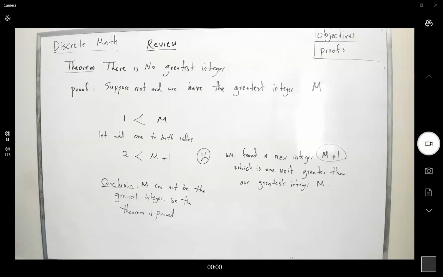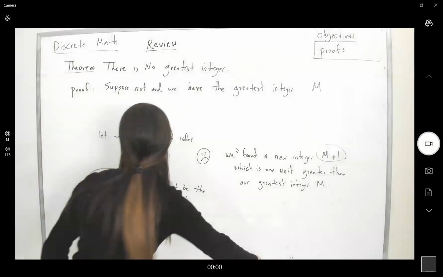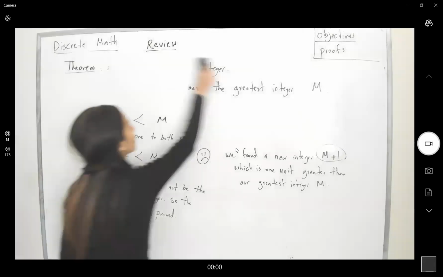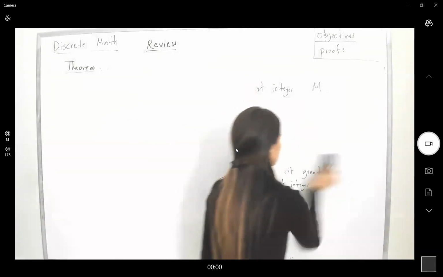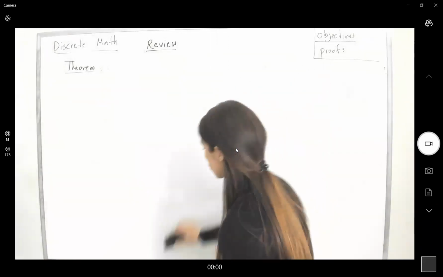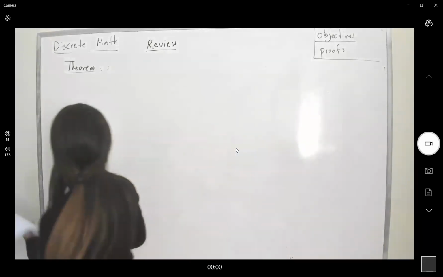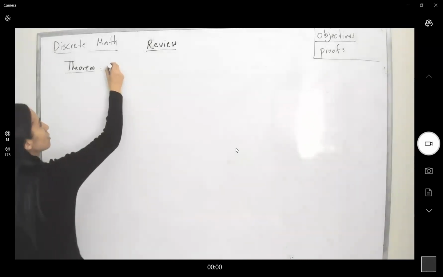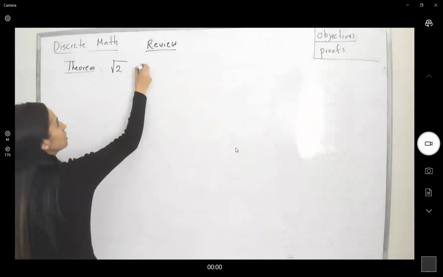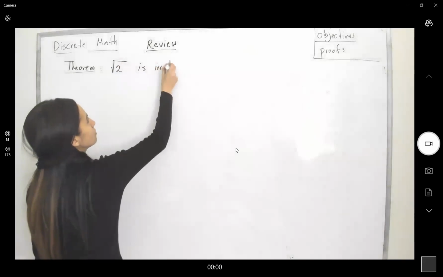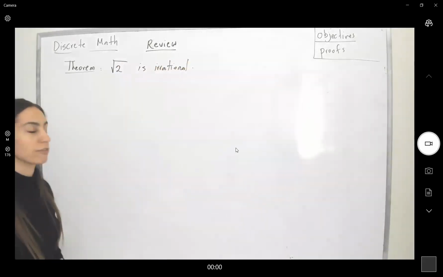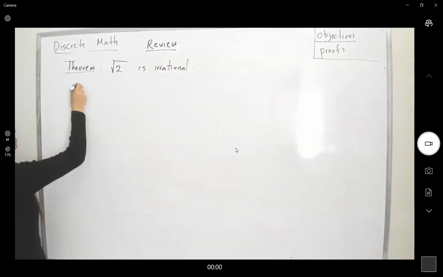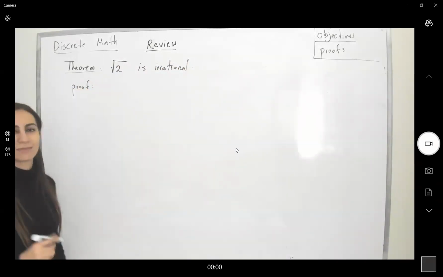Let us continue. Here. Square root of 2 is irrational. Okay, perfect. Proof. Suppose not.